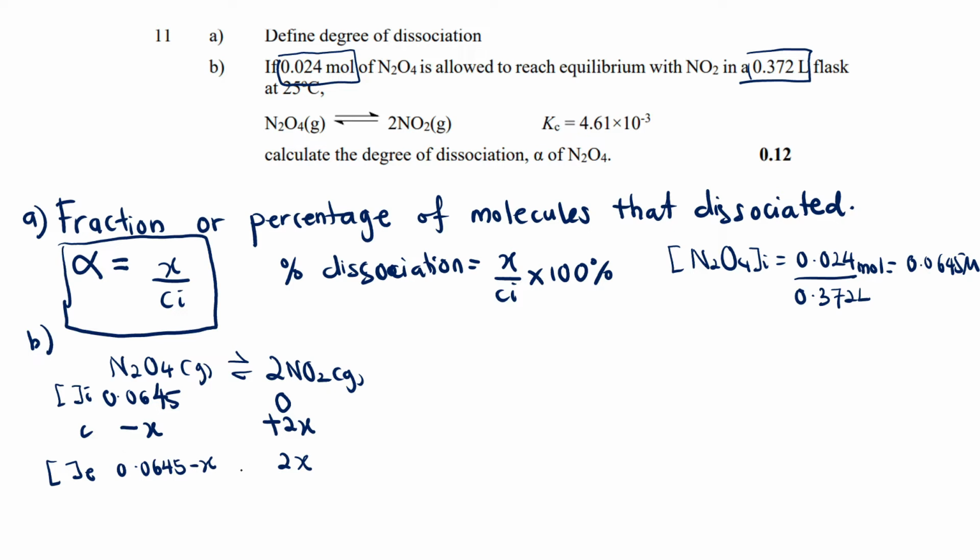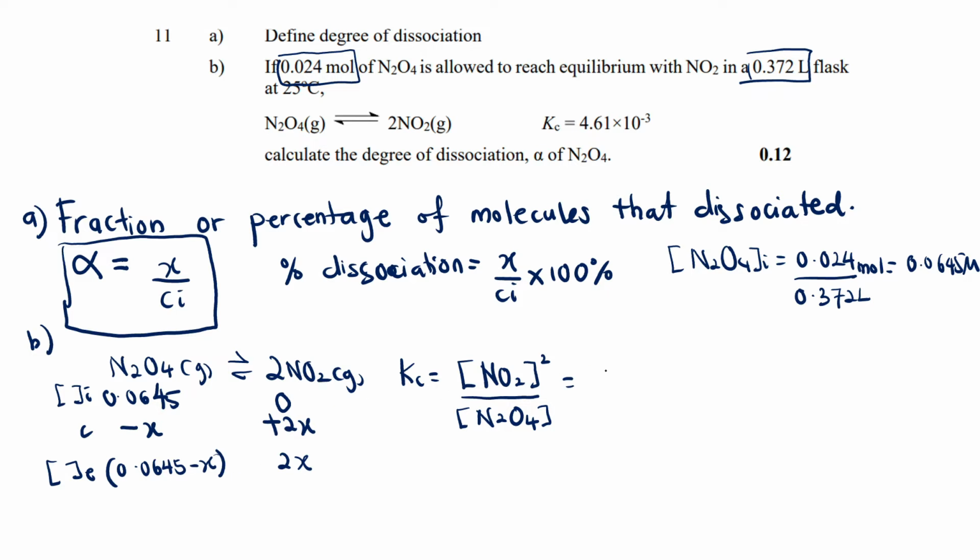Dan kita boleh write the expression. The expression di sini ialah Kc is equal to concentration of NO2 square over concentration of N2O4. Jadi kita substitute the value di sini.